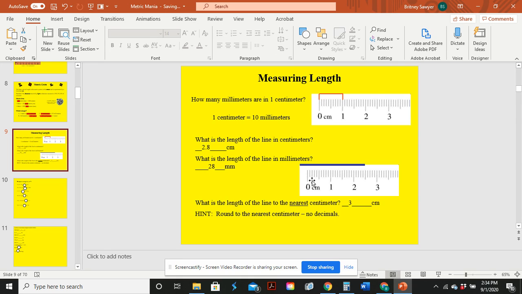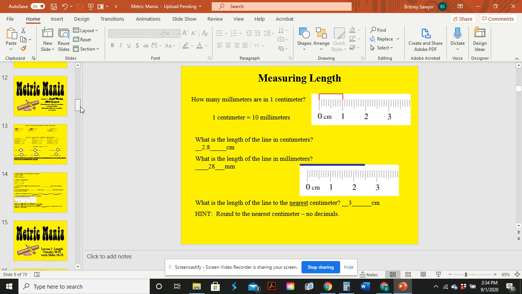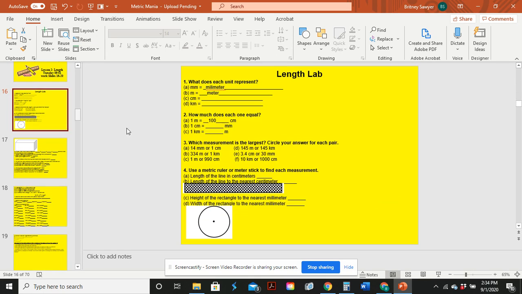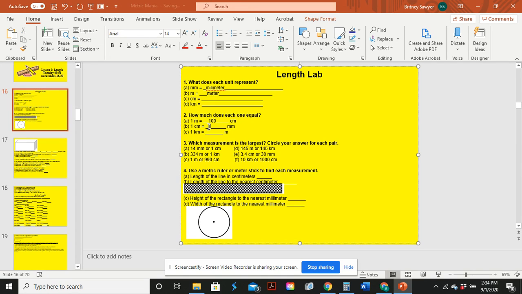Let's count. 1, 2, 3, 4, 5, 6, 7, 8, 9, 10. So there's 10 millimeters in 1 centimeter. Okay, so let's go back down to that particular question. So there are 10 millimeters in a centimeter.